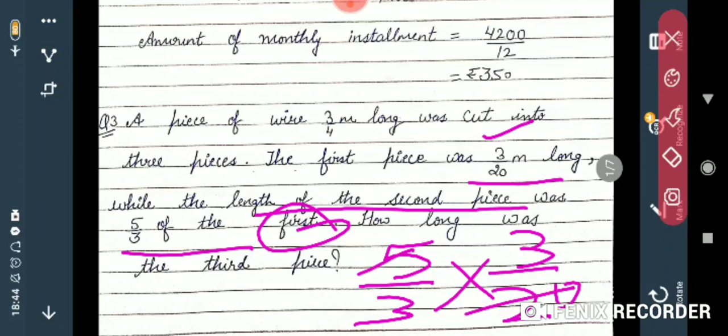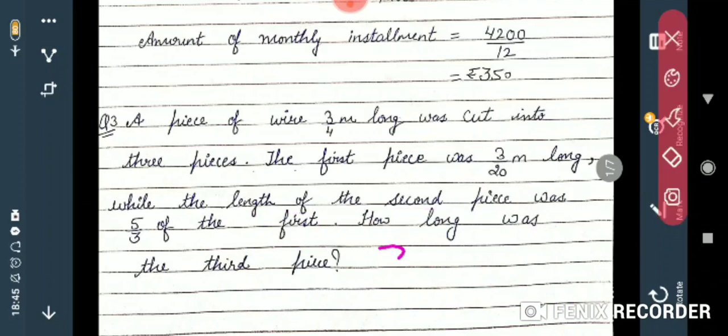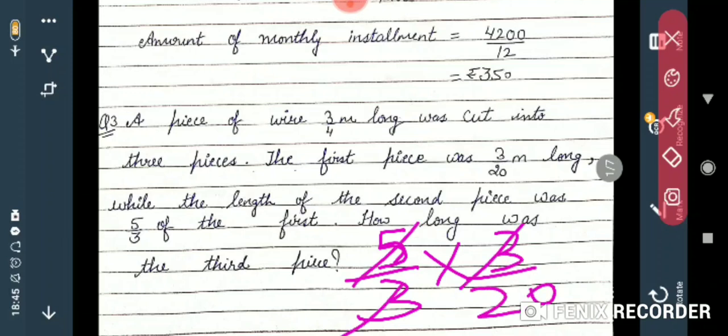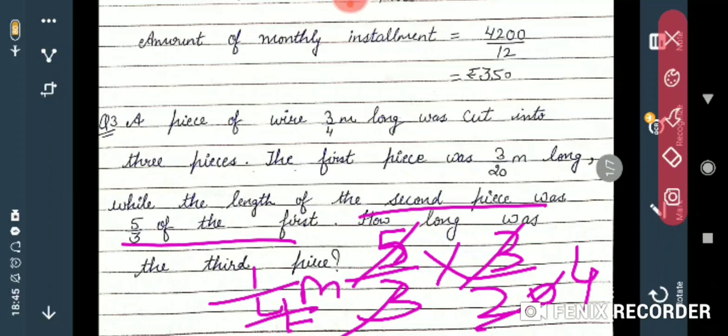So 5 4s are 20. 3 4s are 12. So you can cut this 3 also. 5/3 multiplied by 3/20. This 3 gets cancelled, and 5 4s are 20. So 1/4 meter is the length of the second wire.